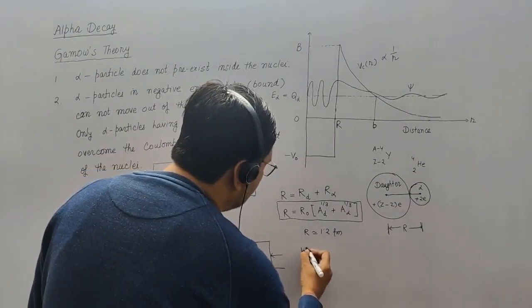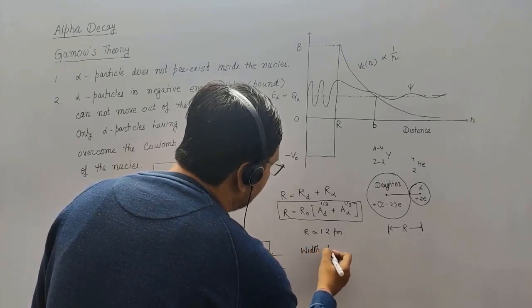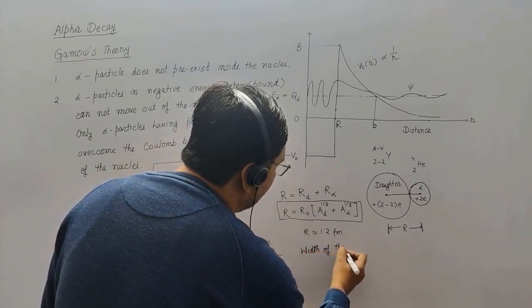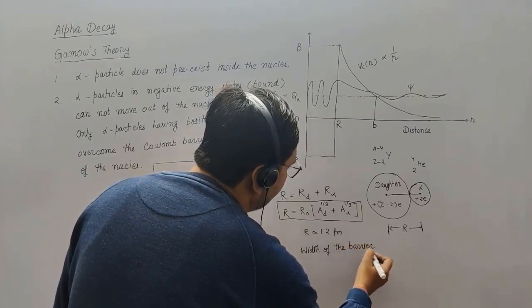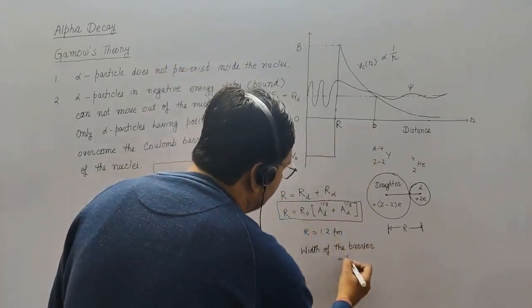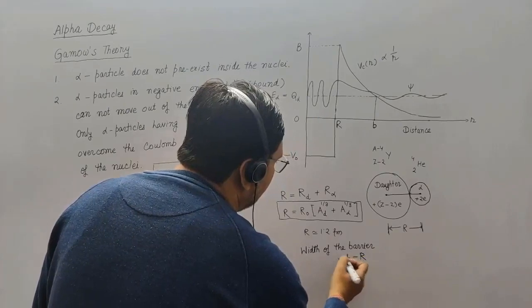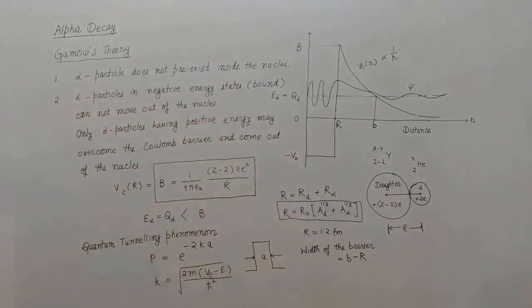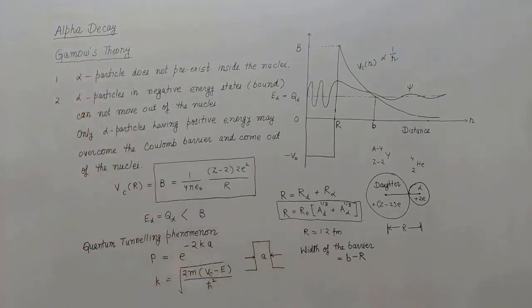In our case, the width of the barrier is equal to B minus R. We already have the formula for this R.